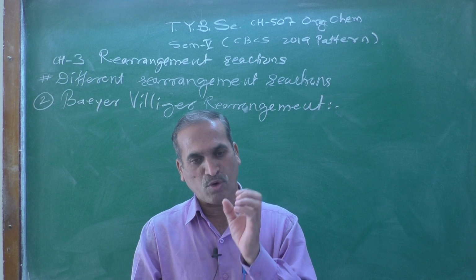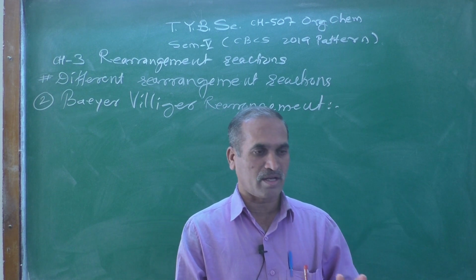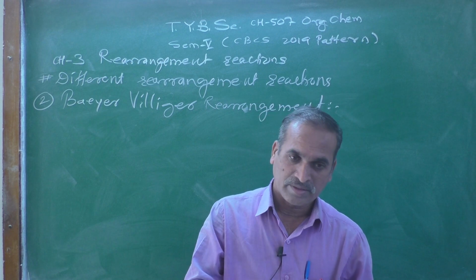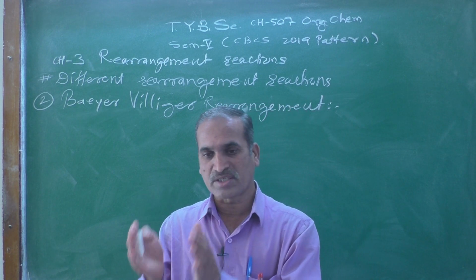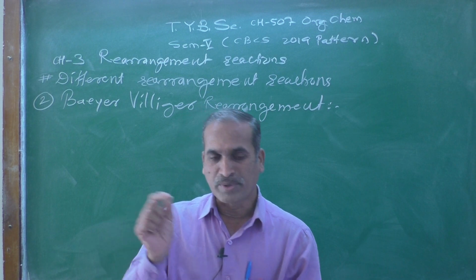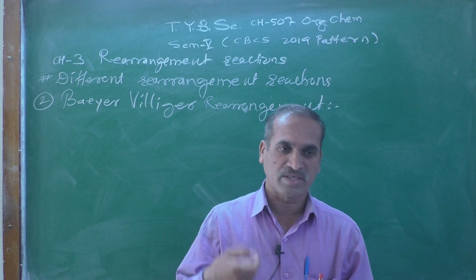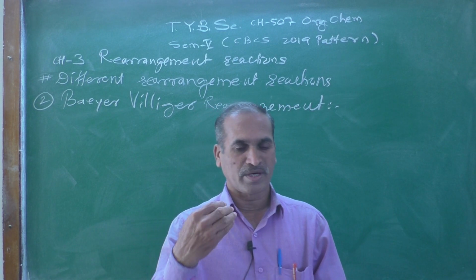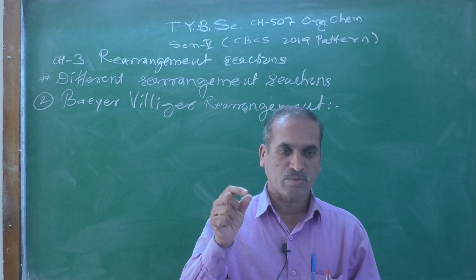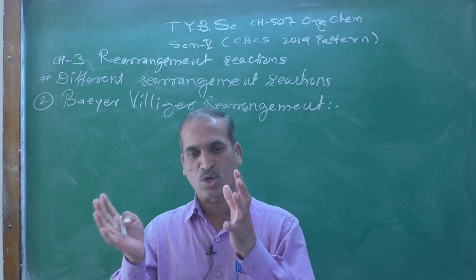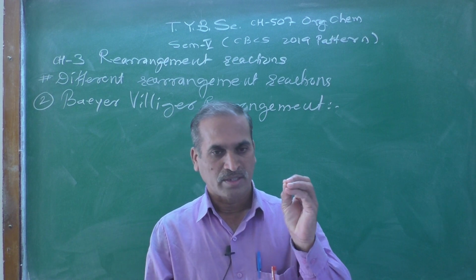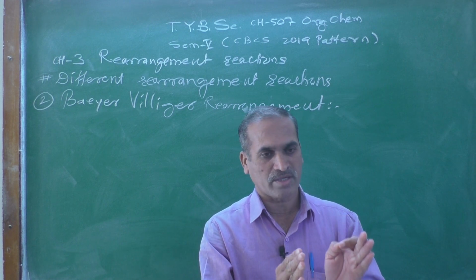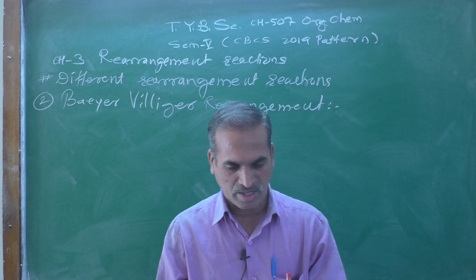So remember what he has taken as a starting material: a ketone, and that ketone is treated with a peracid, generally performic acid, peracetic acid, perbenzoic acid, or metachloroperbenzoic acid, which is a commonly used reagent in Baeyer-Villiger oxidation reaction.